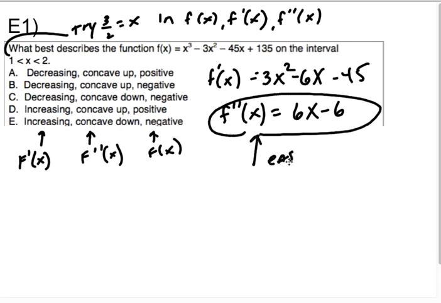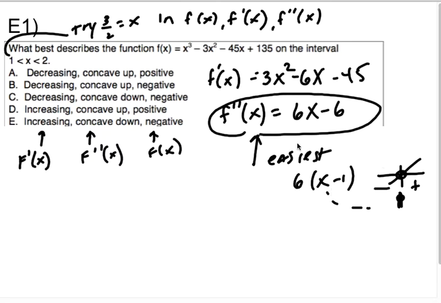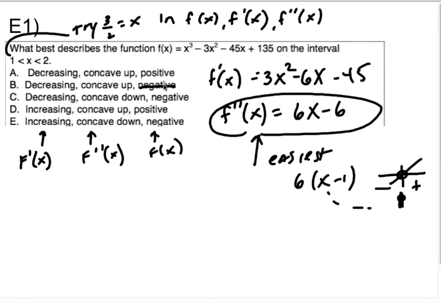I would say that this is by far the easiest. There's a couple different ways to do this. One way is to look at the fact that this is 6 times x minus 1, meaning that it is 0 at 1. It'll be negative before it's 0 and positive after, right? It's a line that looks like this, and it's 0 when x is 1. So if you recognize that before 1 this thing is negative, and after 1 this thing is positive, you can cross off the answers that have, sorry, I didn't mean to cross off the negative.